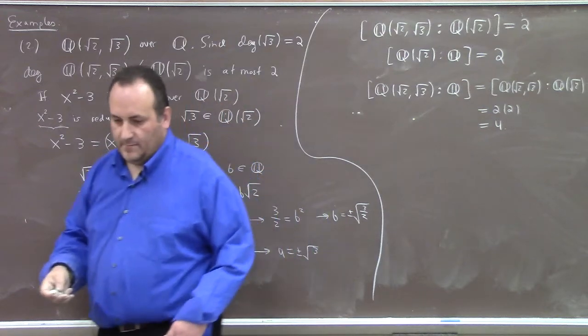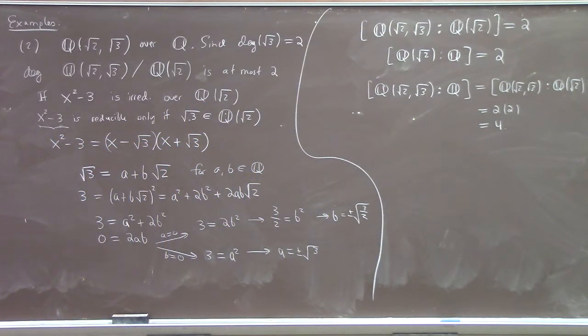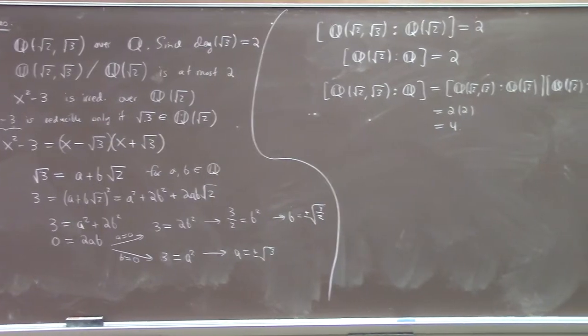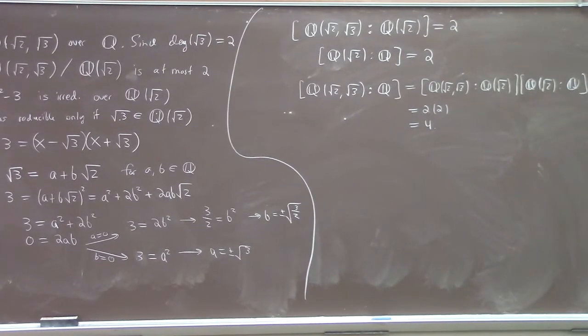And the proof of the multiplicativity of degrees, the extension of an extension, that proof also instructed us on how to construct the basis for the extension. It said you just multiply the bases.